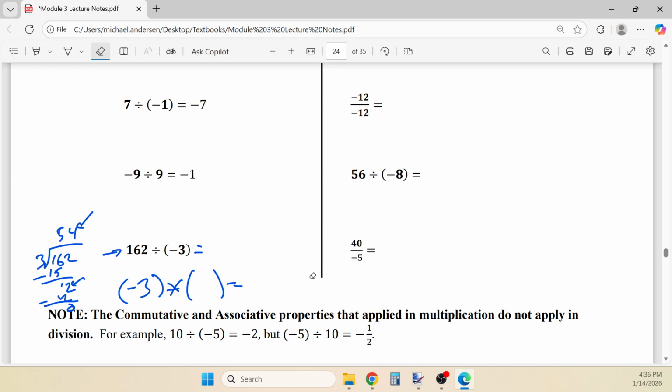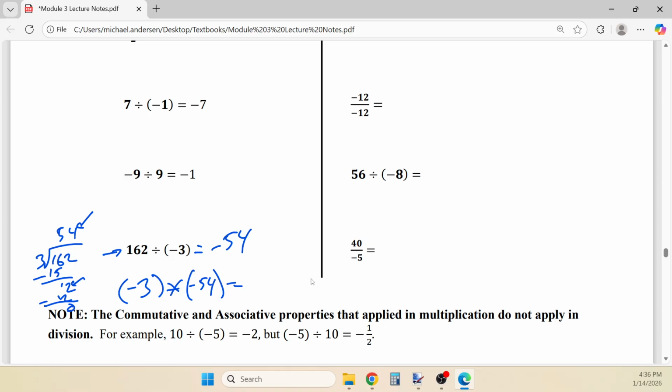Let me erase this too. And because of it, I caught an error. Negative 54. Okay, so negative times a negative is positive. That's good because I started with a positive. Now I check 54 times 3. 3 times 4 is 12. 3 times 5 is 15 plus 1 is 16. Hey, look. That's what I started with. So I must have done it right.